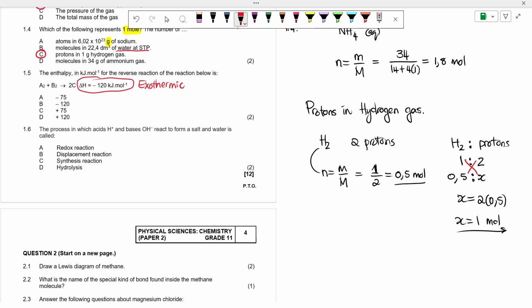If I want to go in reverse, I'll need the same amount of energy, but this time I need to put in that energy, not release it. So it makes sense that the reverse will have an enthalpy of positive 120 kilojoules per mole.